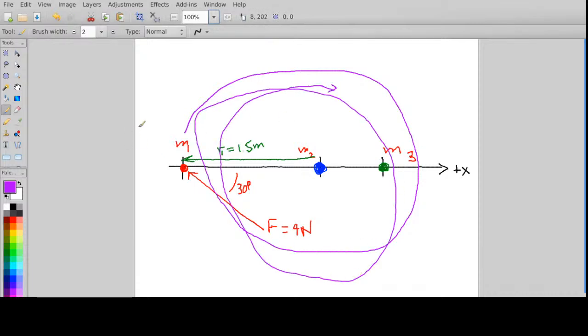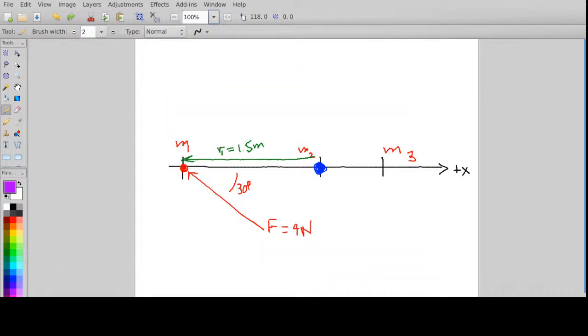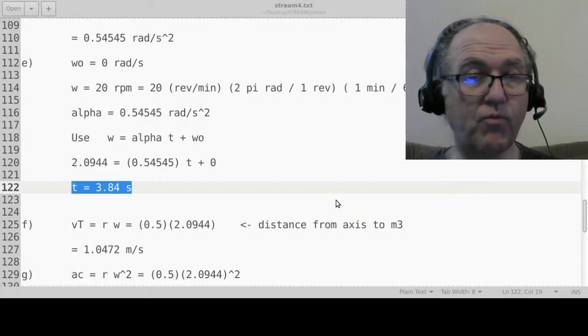It starts off rotating with an angular velocity of 0, so that's its initial angular velocity. And I want to know, when is it finally spinning at 20 RPM? It turns out that it only takes 3.84 seconds. So in 3.84 seconds, it spins up to 20 RPM from rest.